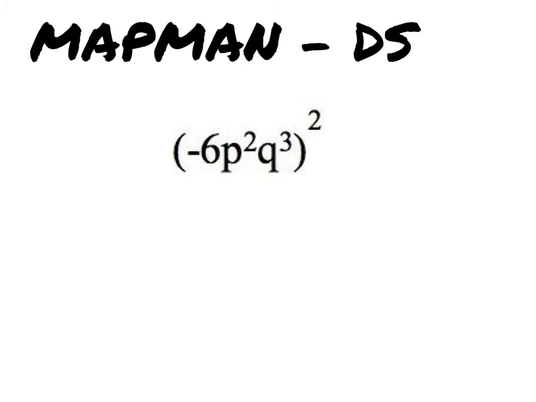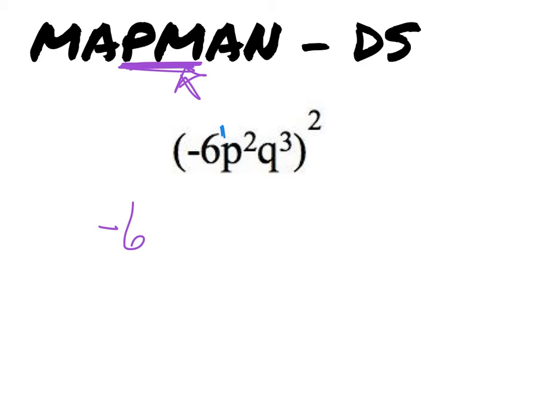Okay, let's look at another example. Again, we have to figure out our operations. So here I can see I've got a bunch of bases that are already raised to a power, and this whole thing's being raised to another power. So this time I'm going power to power, and according to Map Man, that means I'm going to multiply my exponents. So I've got negative 6, and just as a reminder, the exponent to my 6 is a 1 inside the parentheses.